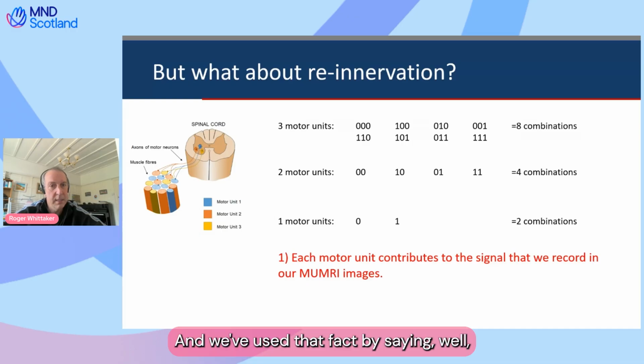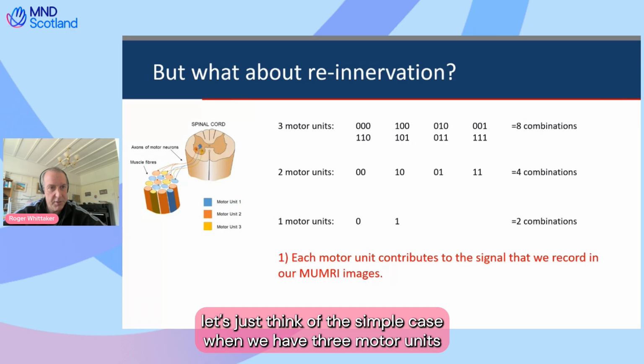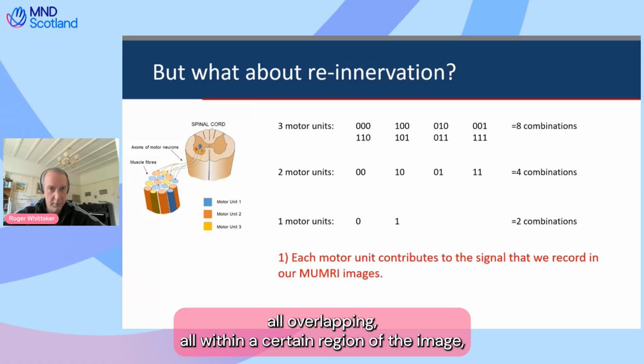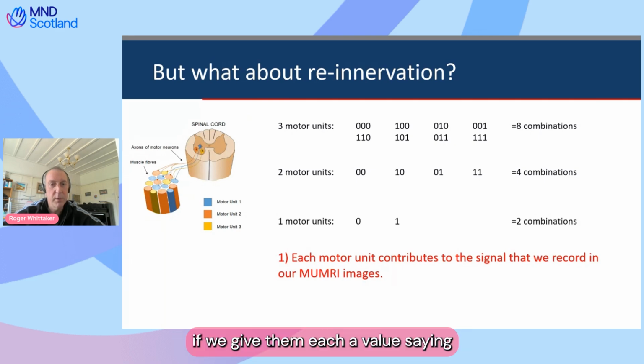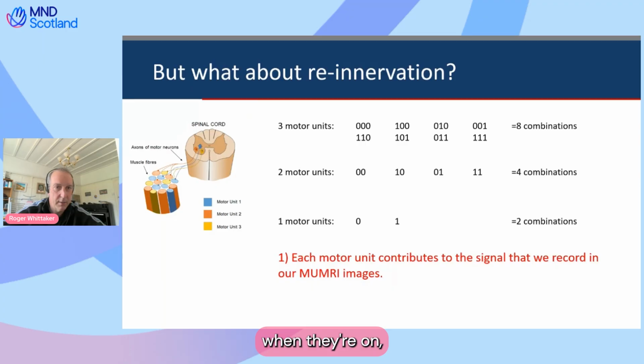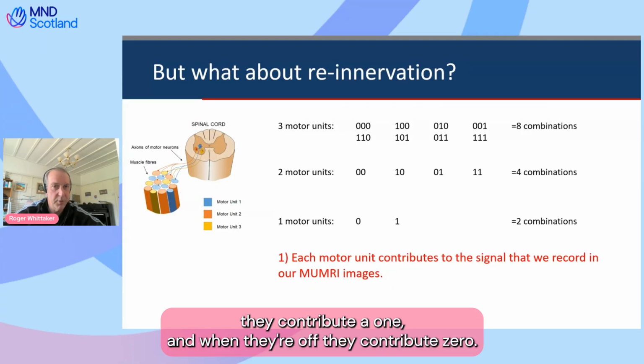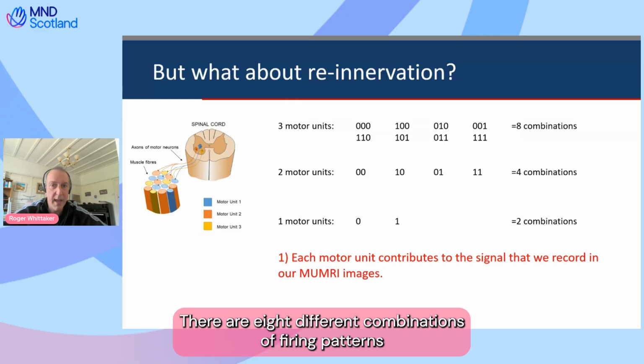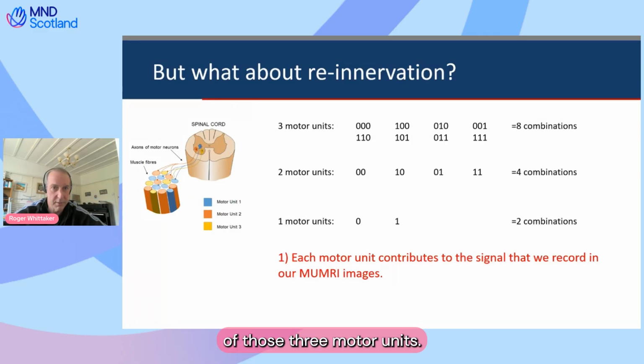And we've used that fact by saying, well, let's just think of the simple case when we have 3 motor units, all overlapping, all within a certain region of the image. If we give them each a value saying when they're on, they contribute a 1, and when they're off, they contribute 0, there are 8 different combinations of firing patterns of those 3 motor units.